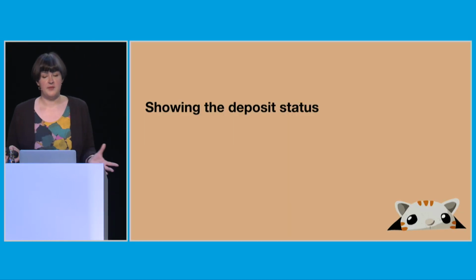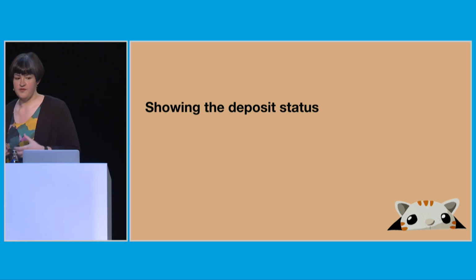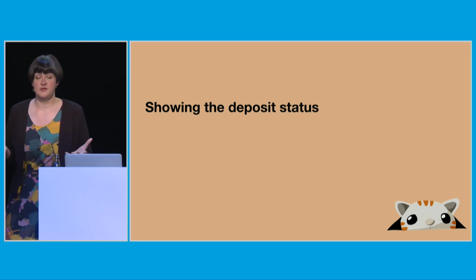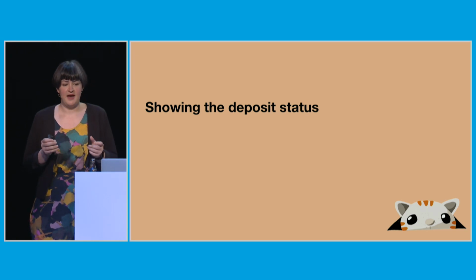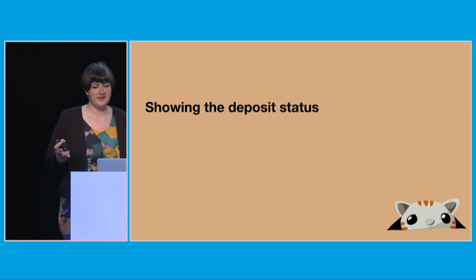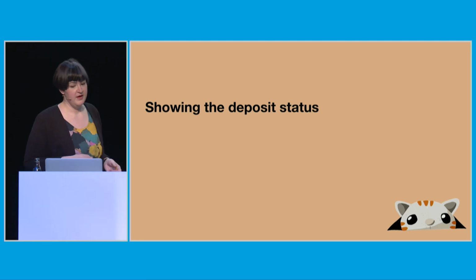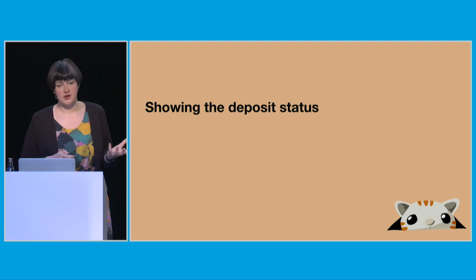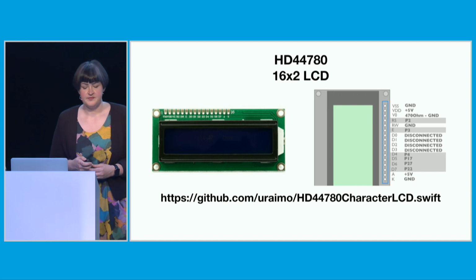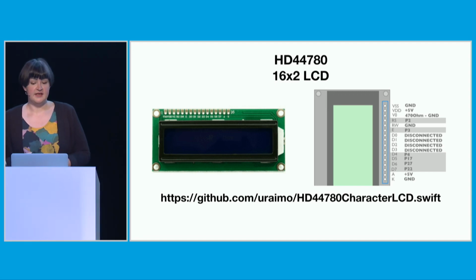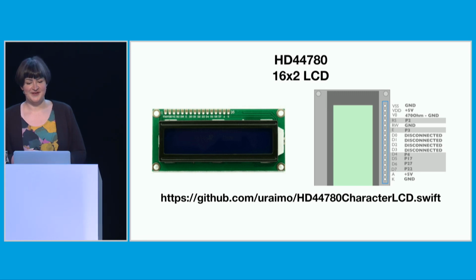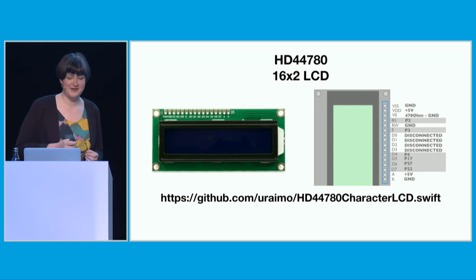So we've got our Raspberry Pi ready with Swift, and we've got a library so that we can start talking to the pins. Now we'll start digging into how we make this smart deposit platform. The first part we'll look at is showing the deposit status. For this, we're going to use this little LCD screen, the very nicely titled HD44780.